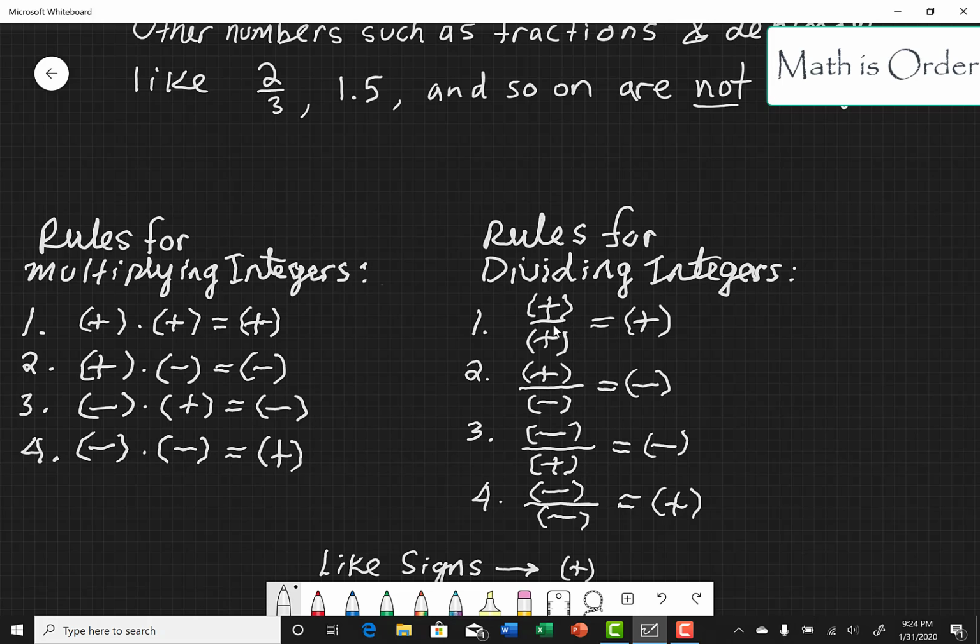And looking at division, a positive divided by a positive will result in a positive. A positive integer divided by a negative integer will result in a negative integer, and vice versa. A negative divided by a negative will result in a positive.